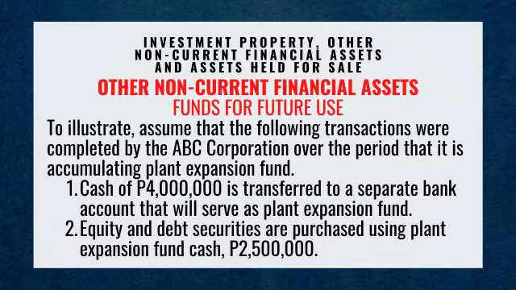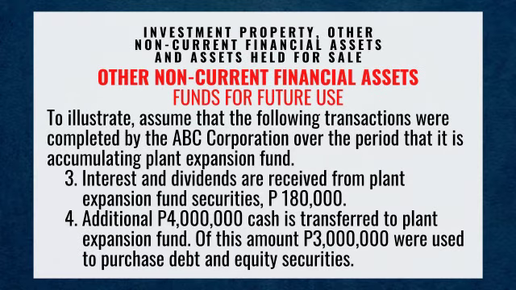plant expansion fund. Number 1, cash of 4 million pesos is transferred to a separate bank account that will serve as plant expansion fund. Number 2, equity and debt securities are purchased using plant expansion fund cash for 2,500,000 pesos.